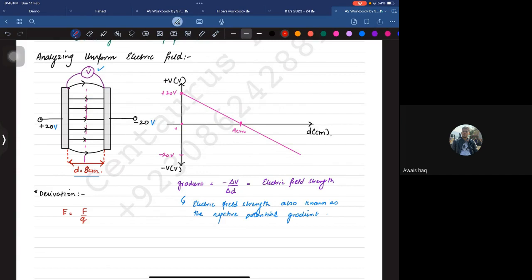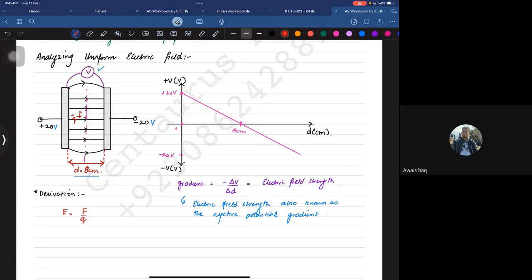Now, obviously, whenever you place a charge, it will feel a force because of the electric field, and that force is constant.